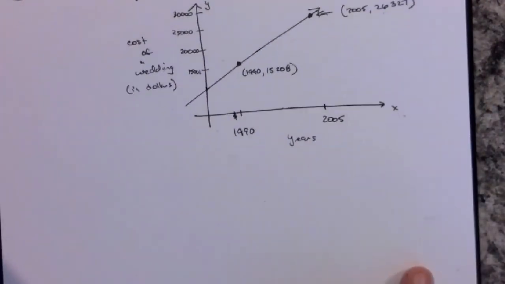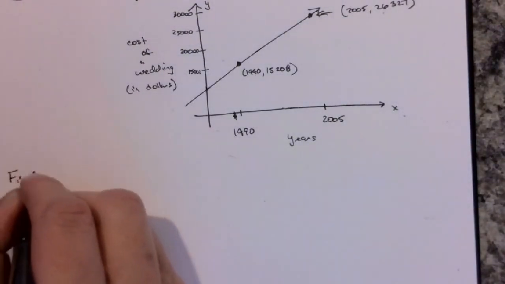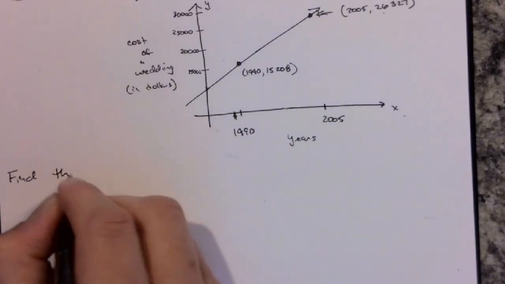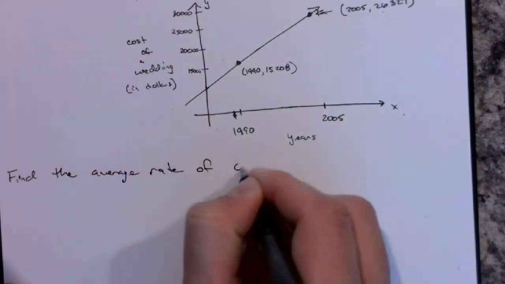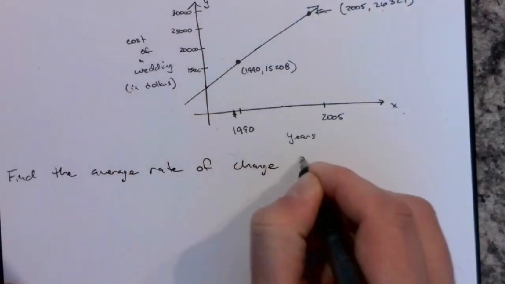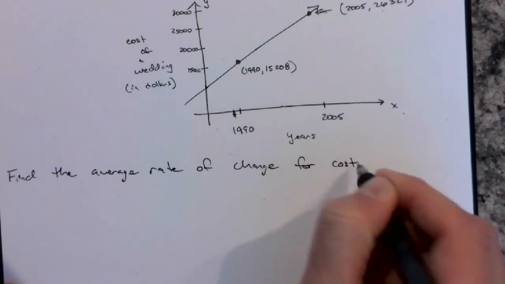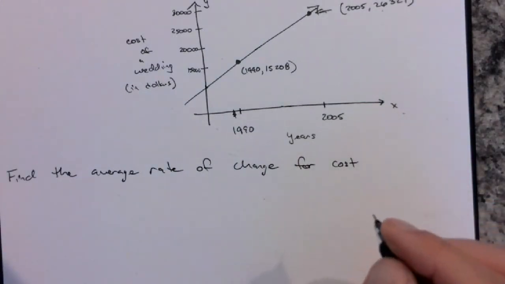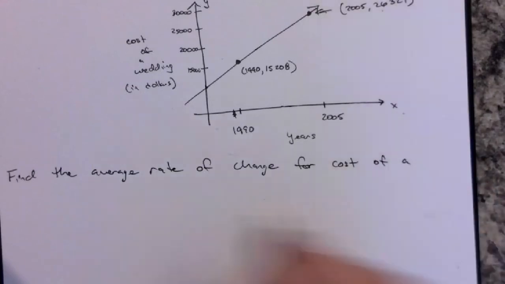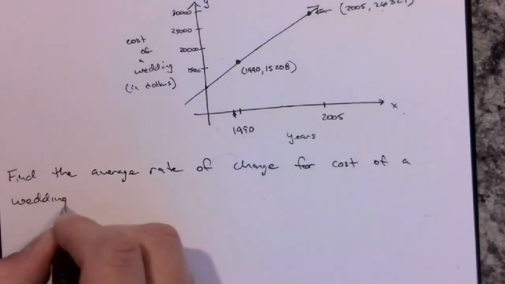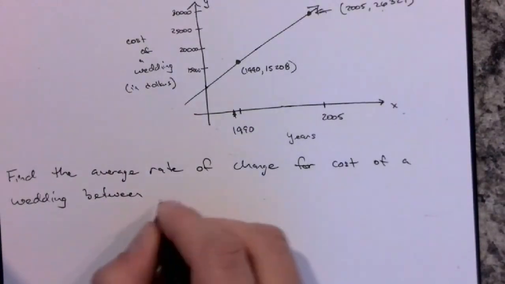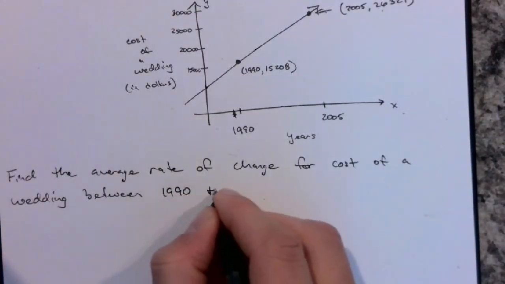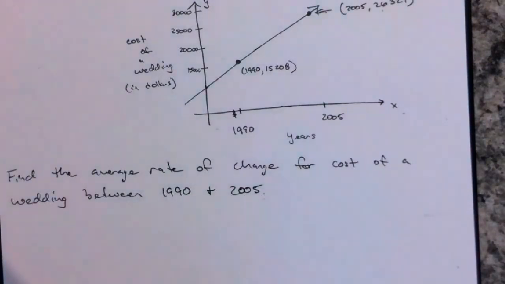But the question is going to ask us to find the average rate of change for cost of a wedding between 1990 and 2005.